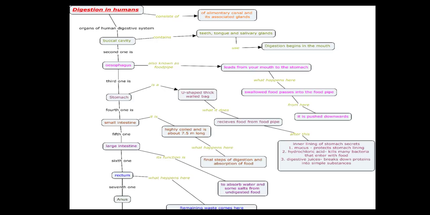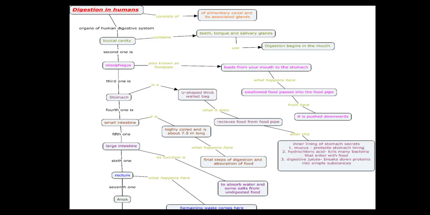Mucus protects the inner lining of the stomach. Next is digestive juice. Digestive juices break down proteins into simple substances. Okay. So the digestion of protein begins in the stomach and digestion of carbohydrates begins from the mouth.